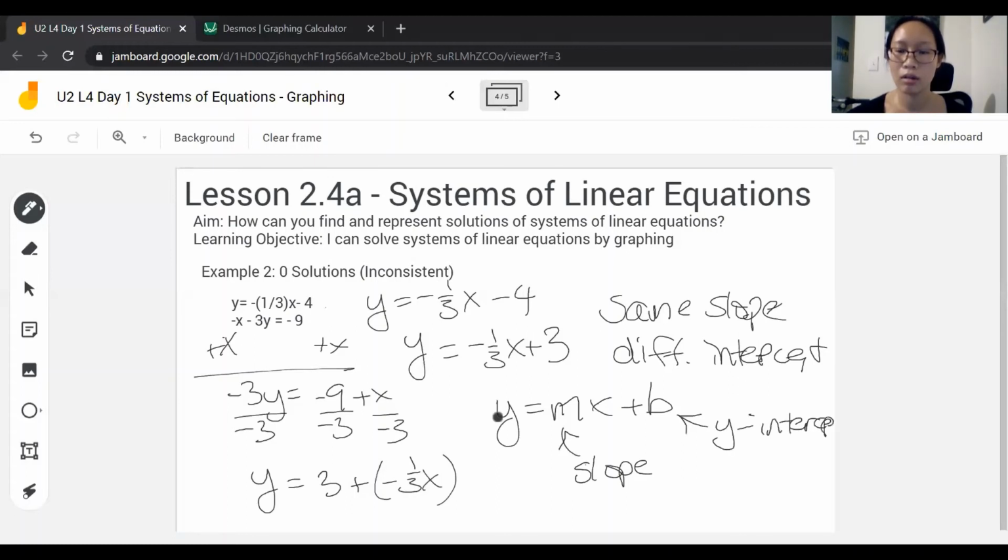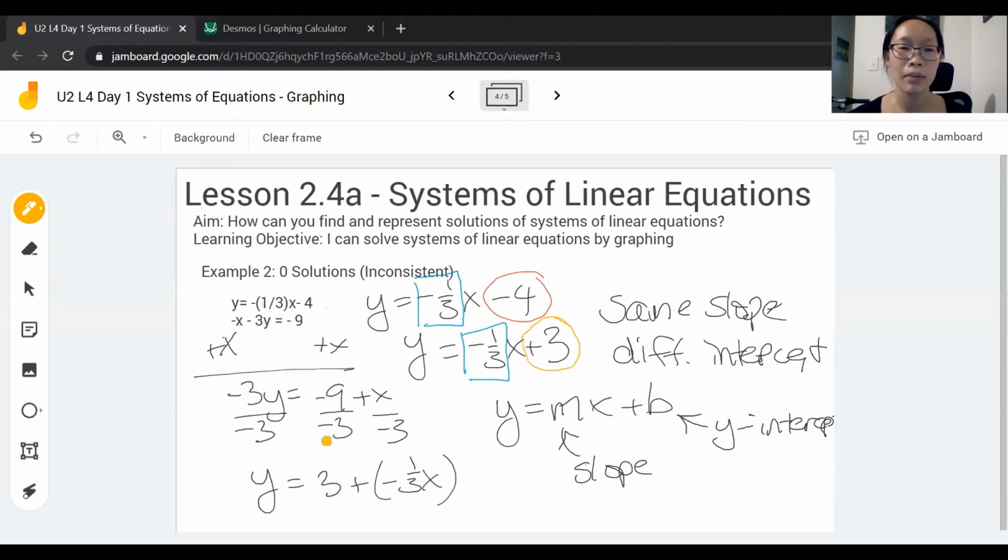So I can see that my slopes here are minus 1/3 and minus 1/3, but my intercepts are different. I have a -4 and I have a +3. So these are parallel lines and there's no solution.